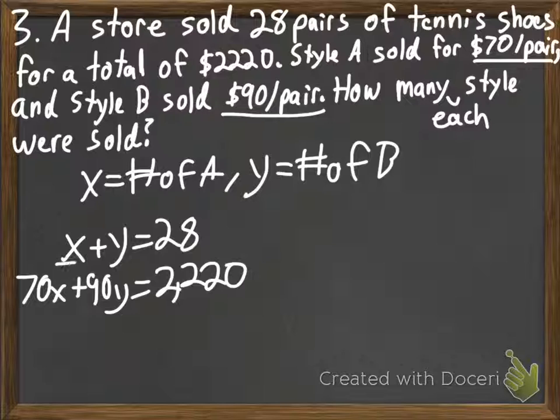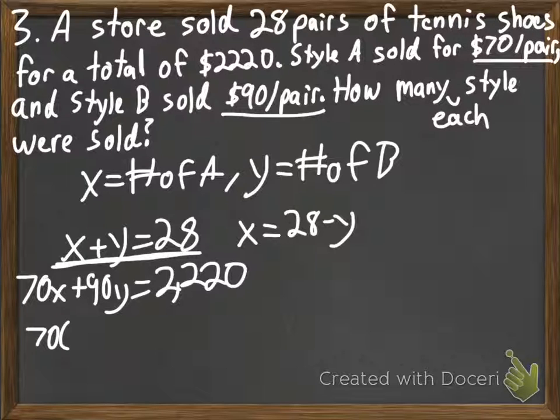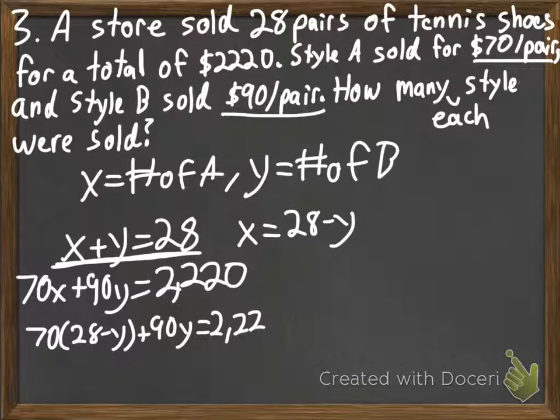So I'm going to change this equation to x equals 28 minus y. Then I'm going to substitute that in here. So I know that 70 times 28 minus y plus 90y equals 2,220, and then we solve.